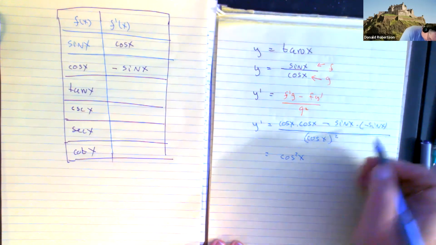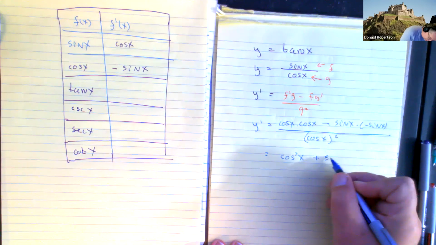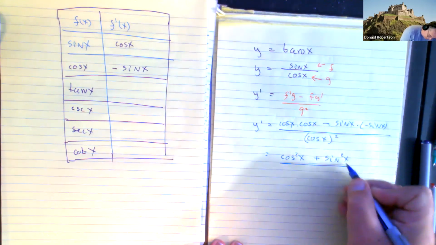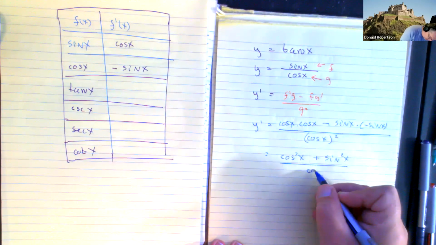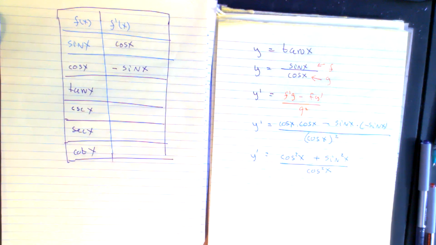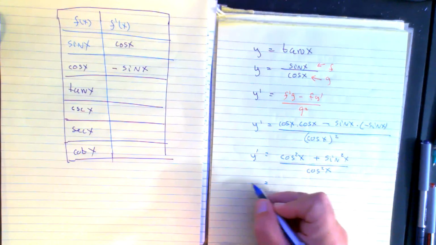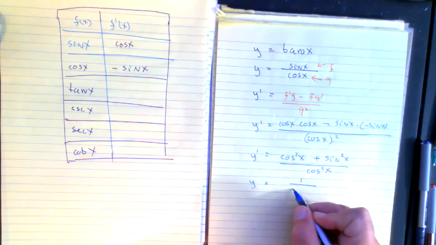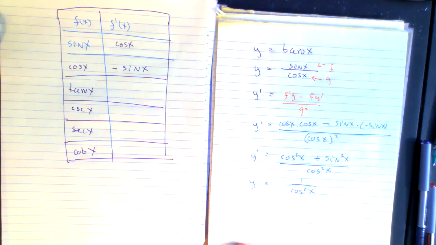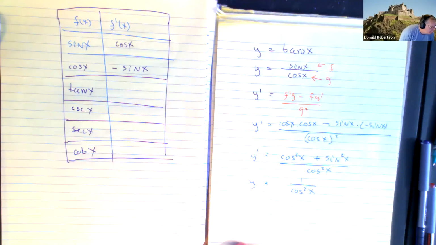Negative sine x times another negative sine x gets you plus sine squared x. And cos x times himself is called cos squared x. So should we end up with, because the top is an identity, right? So wouldn't that give us 1 over cosine squared x for tangent x? Yeah, that makes sense. 1 over cos squared x.